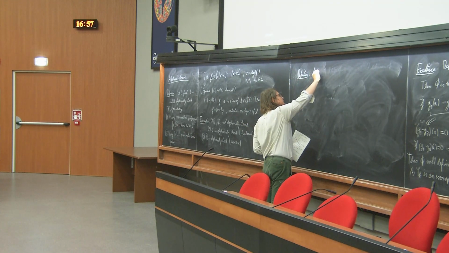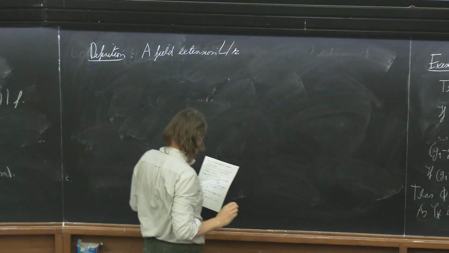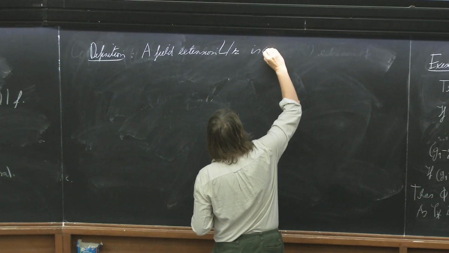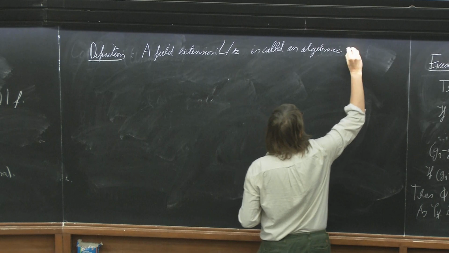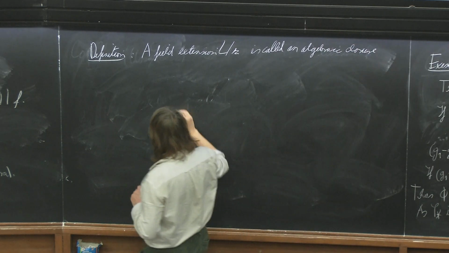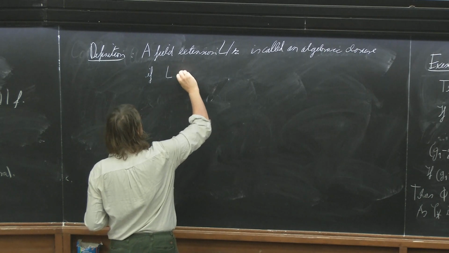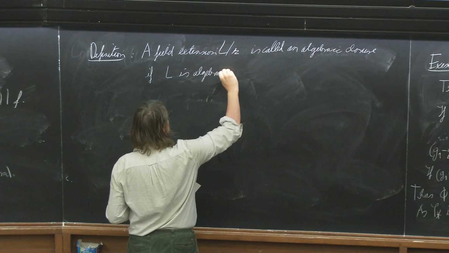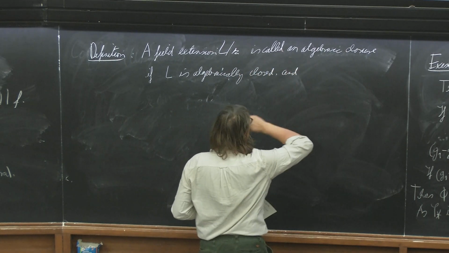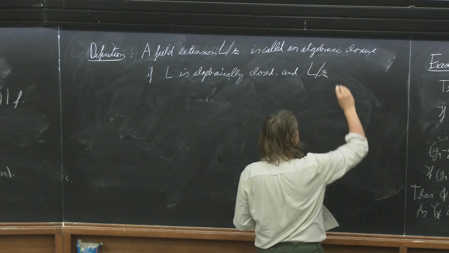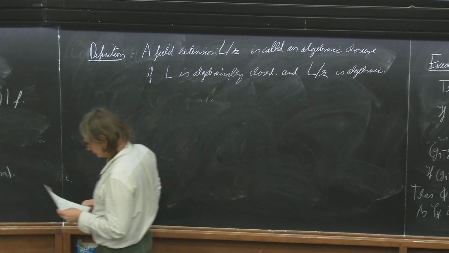A field extension L over K is called an algebraic closure if L is algebraically closed and L over K is algebraic: every element of L is a zero of a polynomial with coefficients in K.